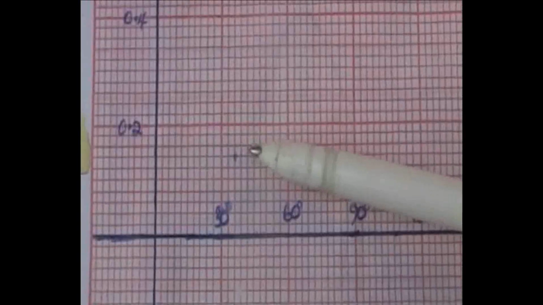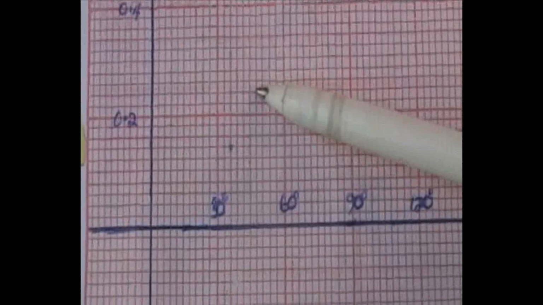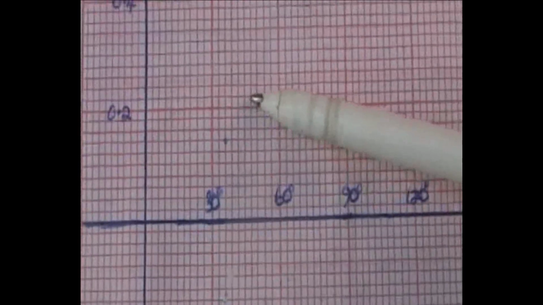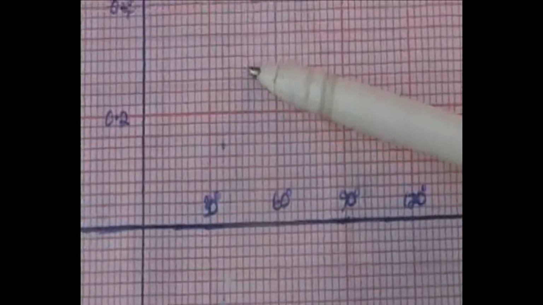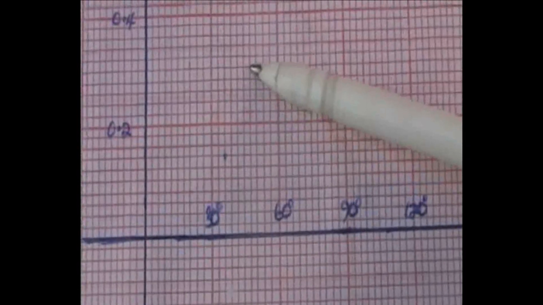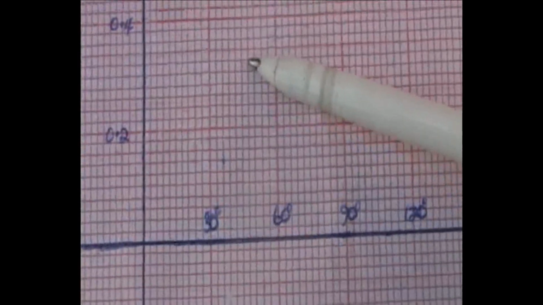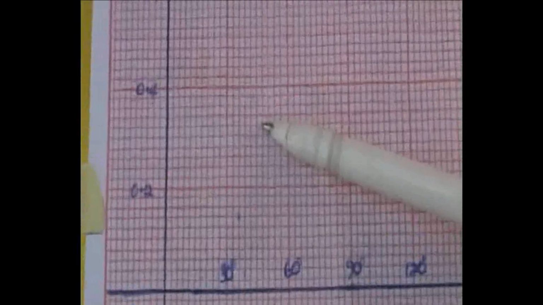Take it up. So this is 0.2, 0.22, 24, 26, 28, 0.30. We're looking for 0.32. So this is exactly where we're going to plot this particular one.